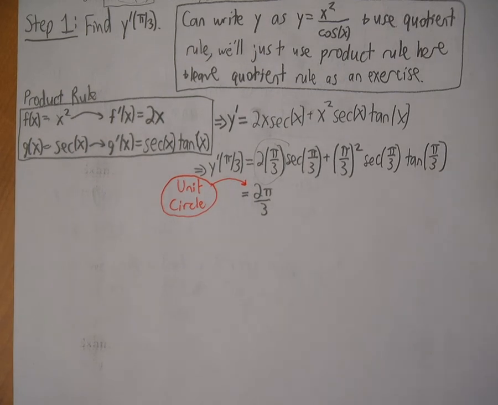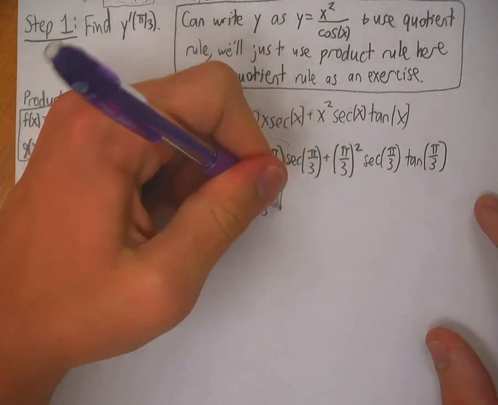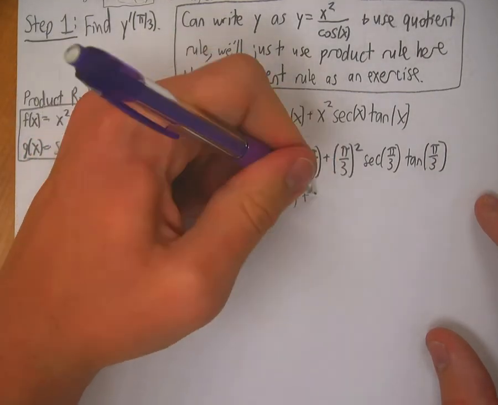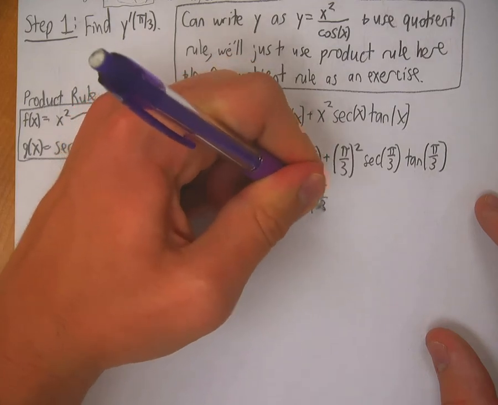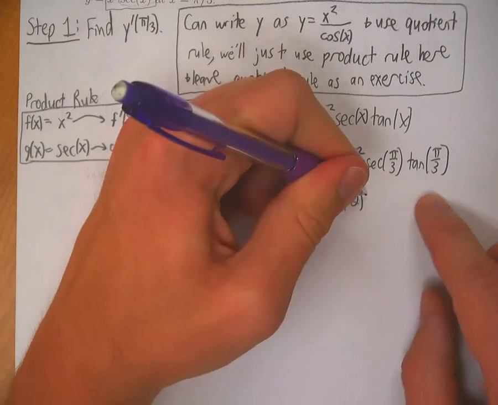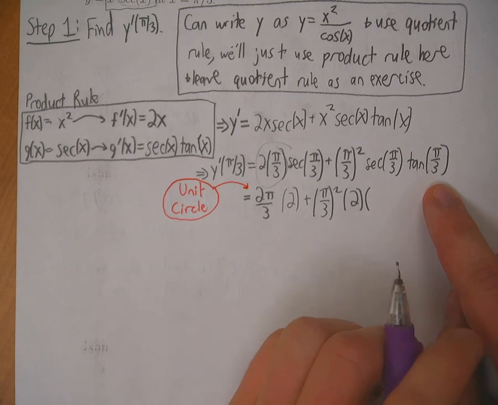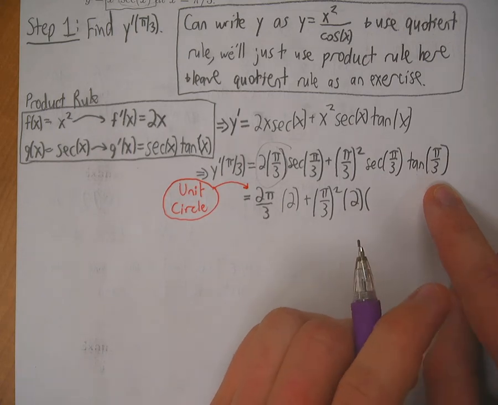Anyone know what that is? Yeah, just 2, right? Because if you take a step back, let's first figure out what cosine of pi over 3 is. If you look back at the unit circle, that's 1/2. So you should end up with 2 for secant of pi over 3. And then plus pi over 3 quantity squared, times secant, which is established as 2, times tangent of pi over 3, which is what? Root 3.